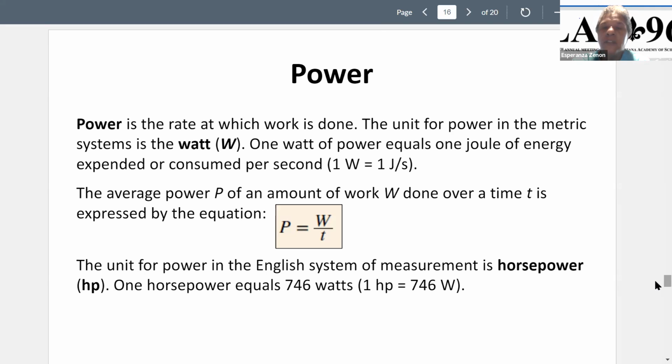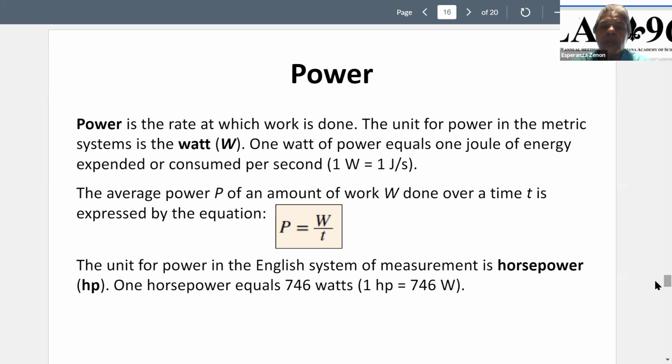To relate the English unit horsepower to our metric counterpart watts, 1 horsepower is equal to 746 watts. That's your conversion factor if you want to go from one unit to another. But we focus on watts here.